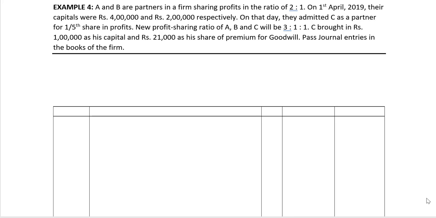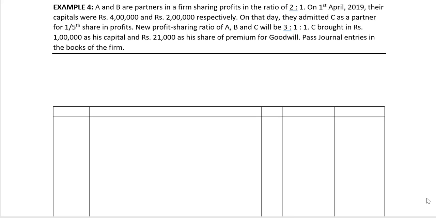Example 4. A and B are partners in a firm sharing profits in the ratio of 2 is to 1. On 1st April 2019, their capitals were rupees 4 lakh and rupees 2 lakh respectively. On that day, they admitted C as a partner for 1/5 share in profits.